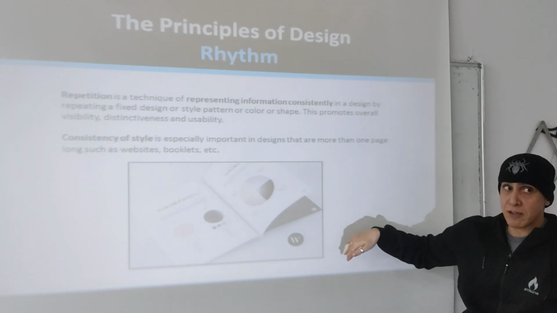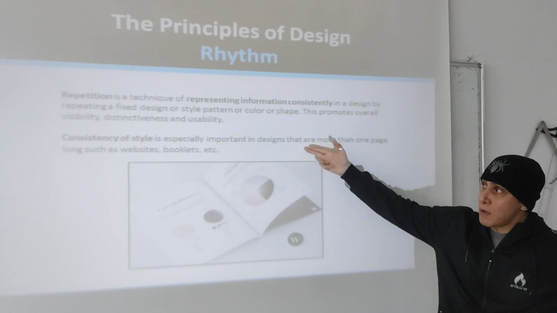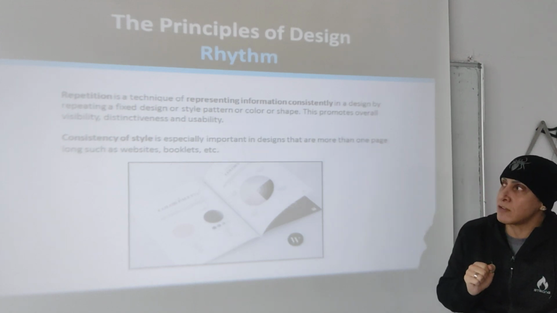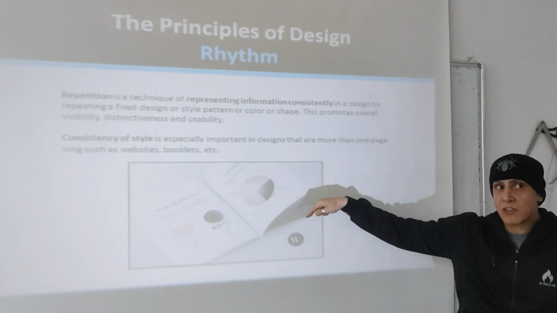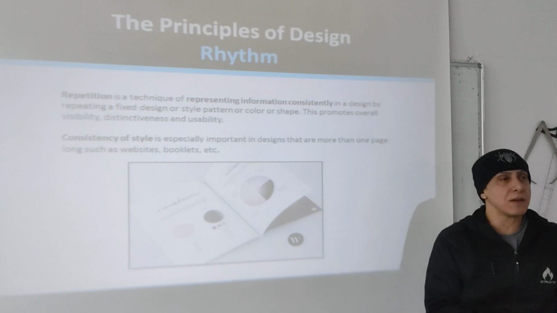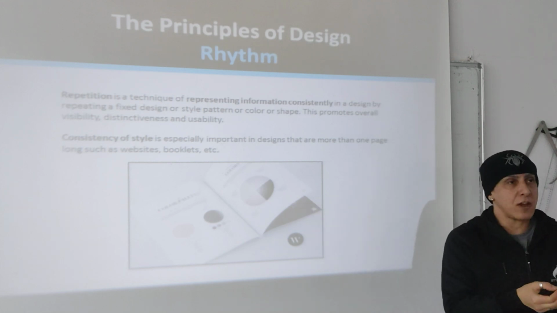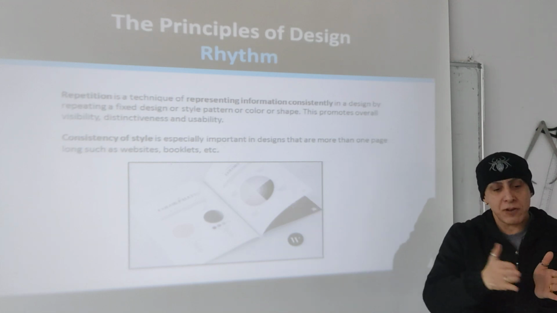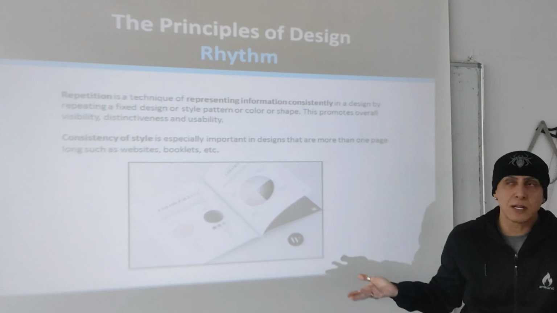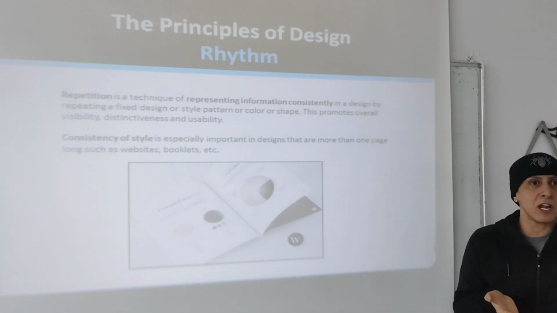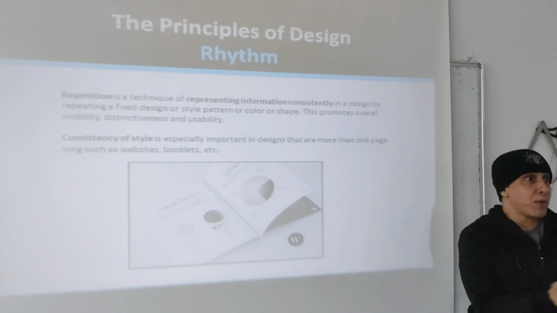Now, before I give you more examples, just to mention this because this is very important, the rhythm in design, especially when you design designs that consist of several pages. So, for example, magazines, booklets, reports.